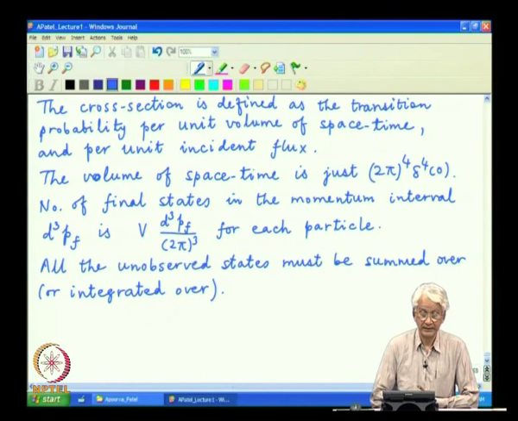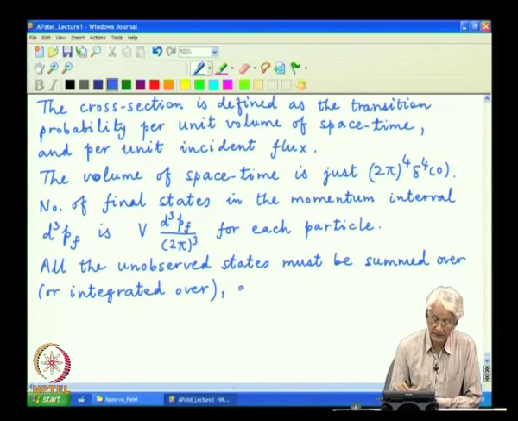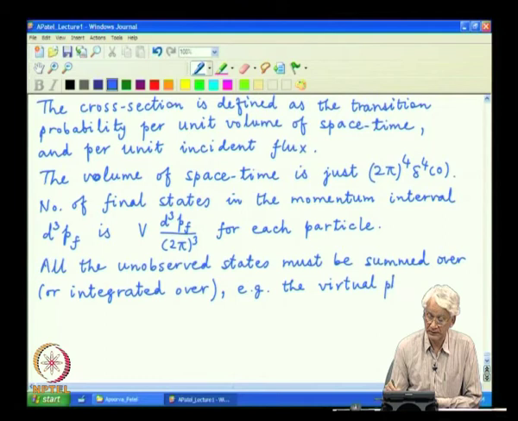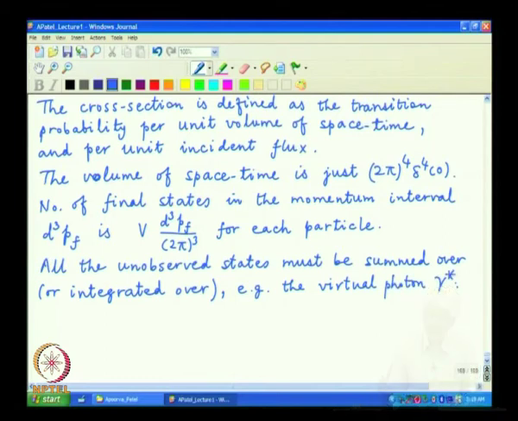So, in this particular case, the unobserved object is the virtual photon, which interacts with the static charge, but we do not really see it either in the initial state or in the final state.